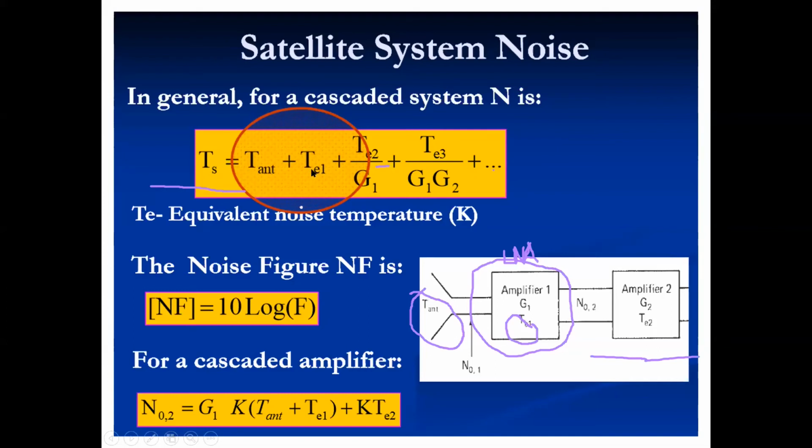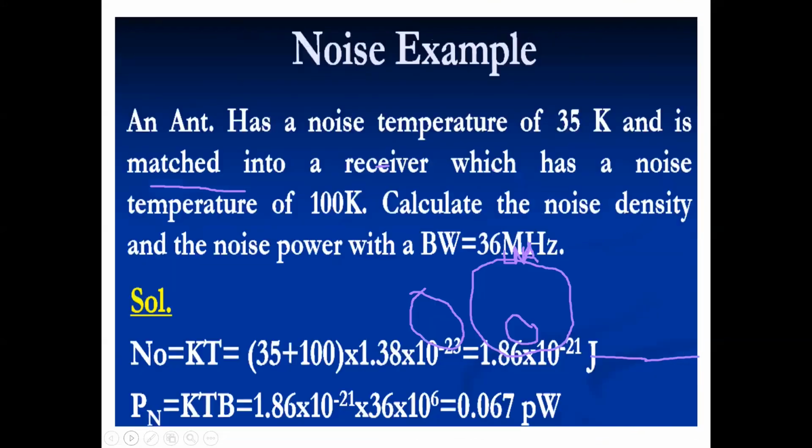And similarly, if we have a low noise amplifier, this first stage itself will have a very low equivalent noise temperature. Okay, so let me take a simple example for calculating the equivalent noise temperature and the noise power.